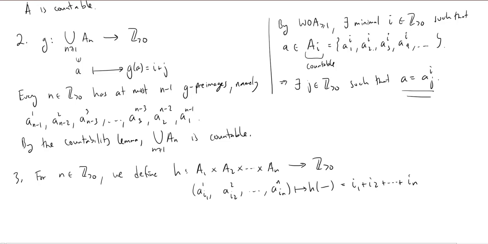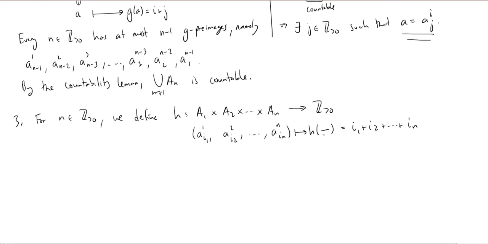Let's say I had some positive integer, maybe we'll call it L. If L has a preimage, then L looks like a partition of itself. You've broken L up as a sum of a bunch of indices that came from some elements we had.